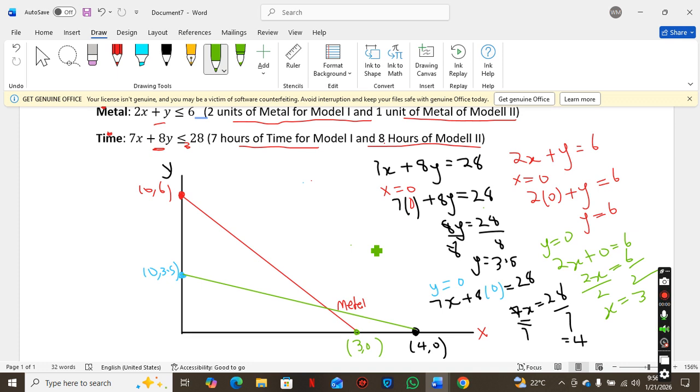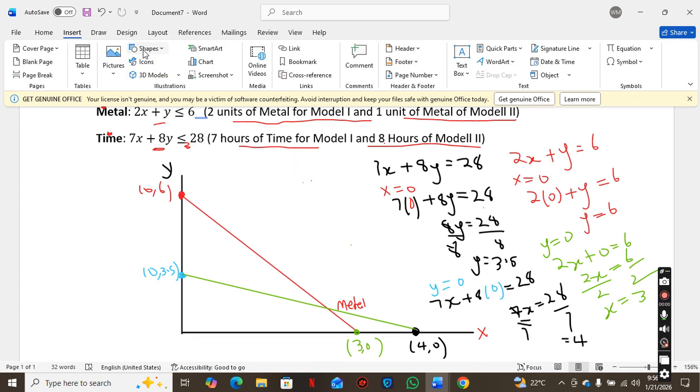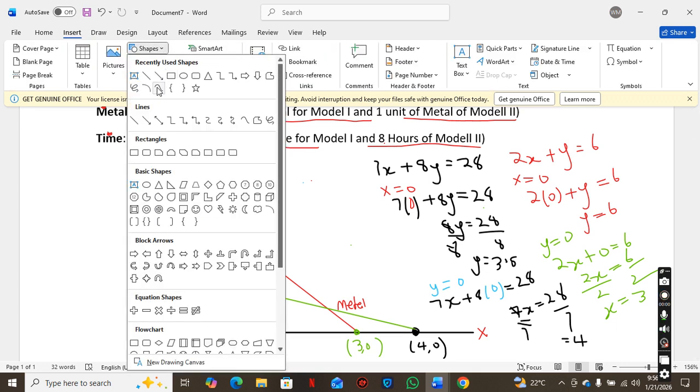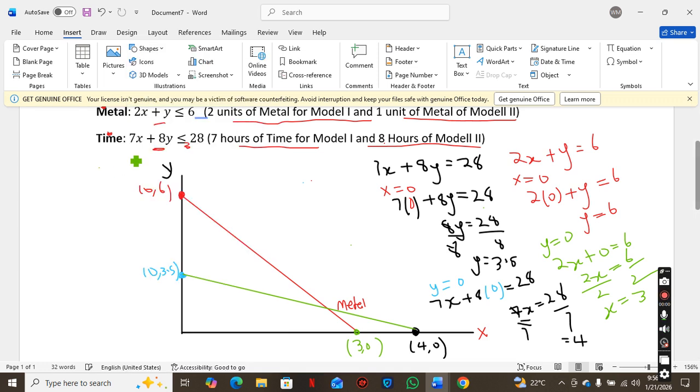So, am I able to demonstrate? Help me demonstrate. I'm using shapes, then you just click on these lines here. I like to use the draw. Yes, under insert, then shapes.